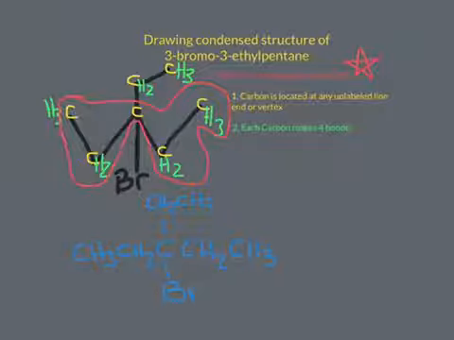And there you have your completed condensed structure of 3-bromo, 3-ethylpentane. If you've made a model set with all of the associated hydrogens, at this time you can compare that to your drawing just to double check the number of associated hydrogens on each carbon.